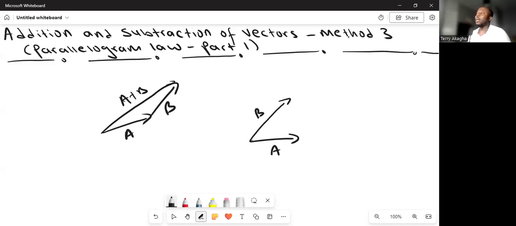Now, when you're done with that, you then have to complete it to form a parallelogram. Are you seeing it? So that this part becomes parallel to this part, while that part becomes parallel to the other part. Then after that, the resultant is going to be a diagonal from this point all the way to this point, and that will give you A plus B. So you can see the parallelogram method is completely different from the head to tail or the triangular method.